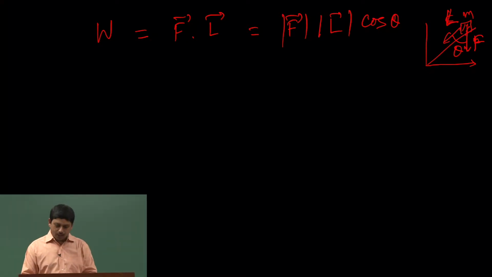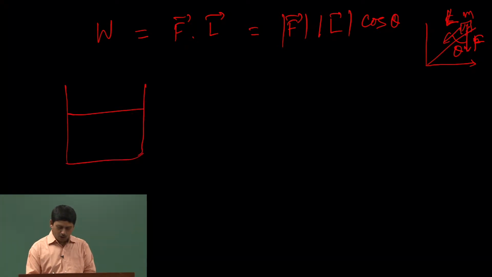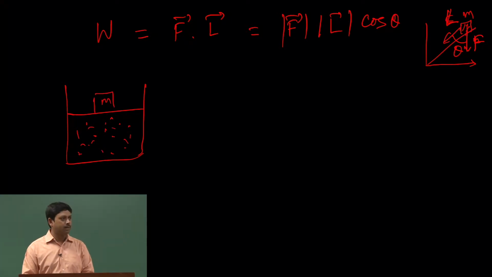However, in the type of thermodynamical work that we are going to consider here, typically we will consider a box full of gas molecules and a mass m sitting on top of that.